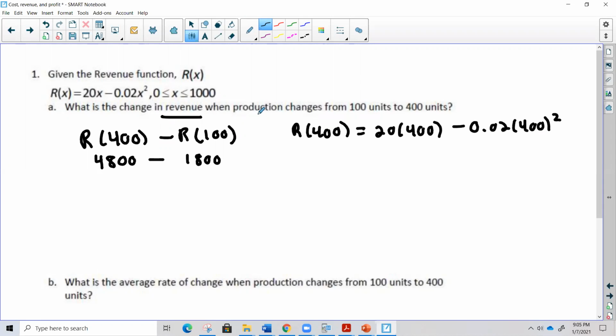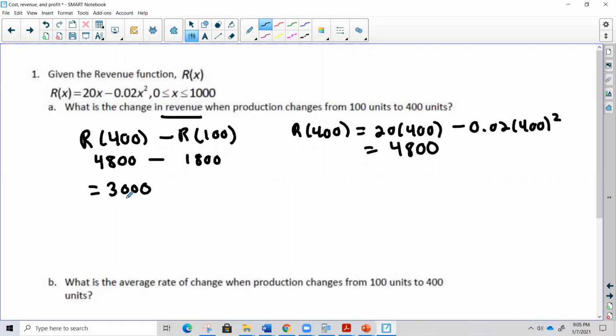And again, I get 4,800. And then I would do the same thing with 100. Okay, so it's up to you, whichever way you're more comfortable with, but I find the calculator saves me a little bit of time. If you're using the calculator, make sure you're very careful when you're typing your function in, because if you type your function in wrong, then you're going to get everything wrong with these.